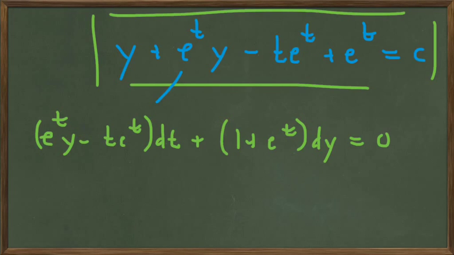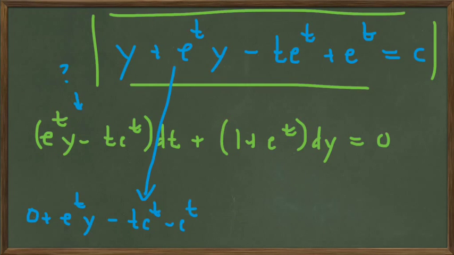So are we convinced that this is a solution? Let's take the partial t of the terms in this, and that should be equal to the m. So the partial of the first term with respect to t is 0. The partial of the second term with respect to t is e to the ty. The partial of the next term with respect to t is the product rule. So minus t e to the t minus e to the t.